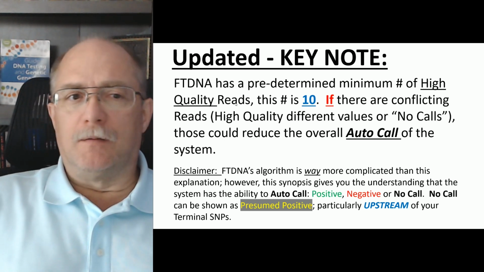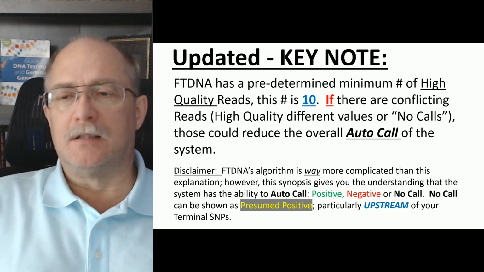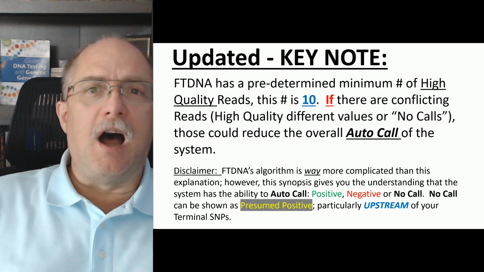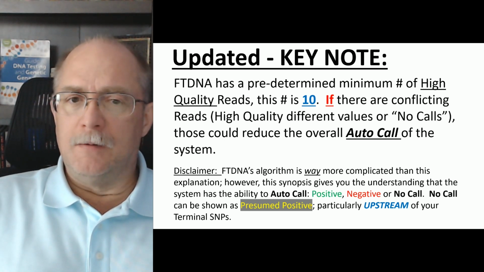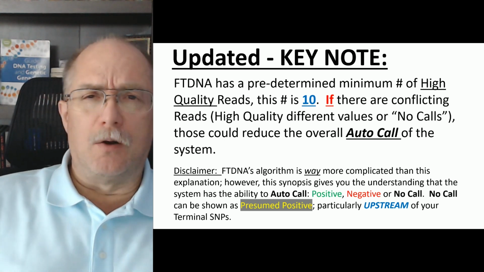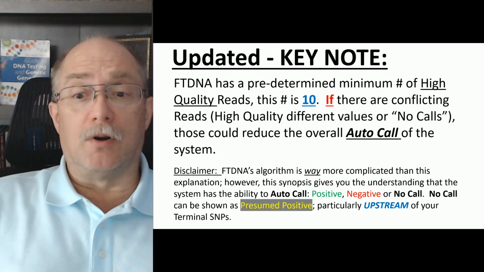FTDNA, to quickly cover it, has a requirement of 10 positive, high quality reads, and if there's any conflicts of reads, like other high quality areas, but there's still a no call, either a null or a no call area, it can reduce the auto calls.